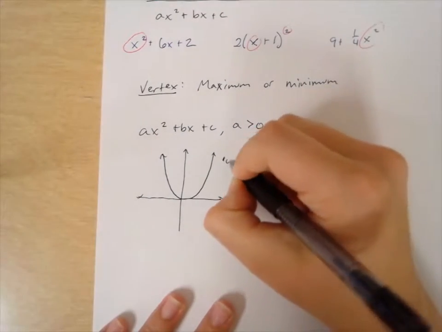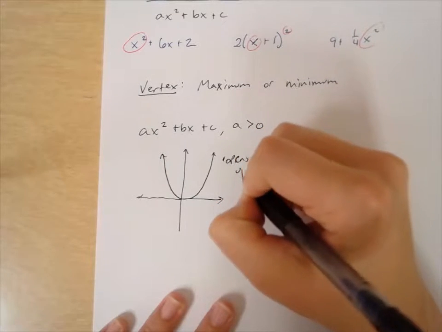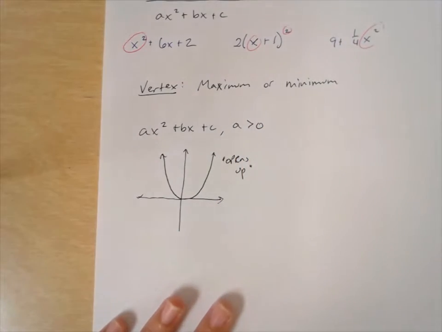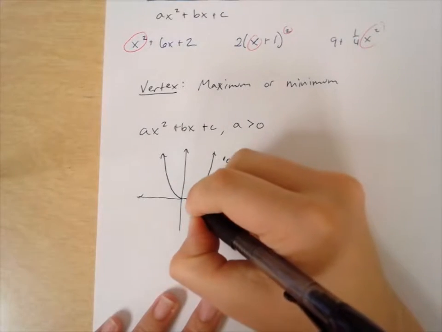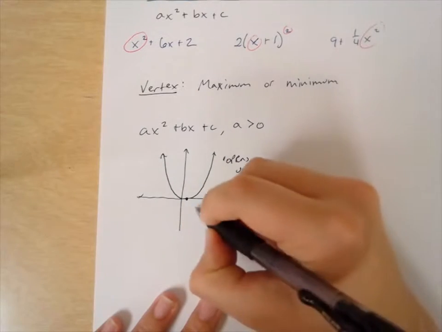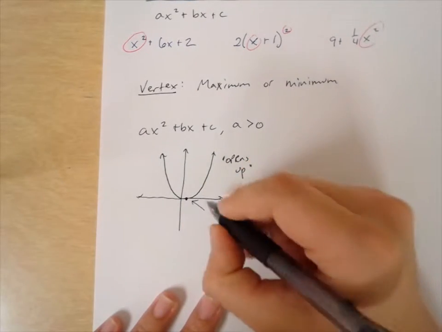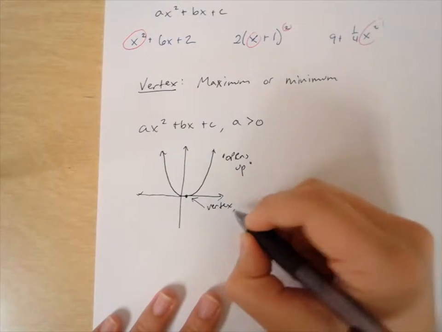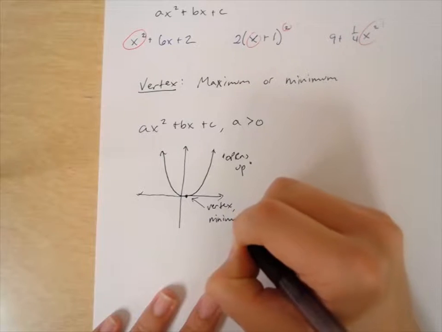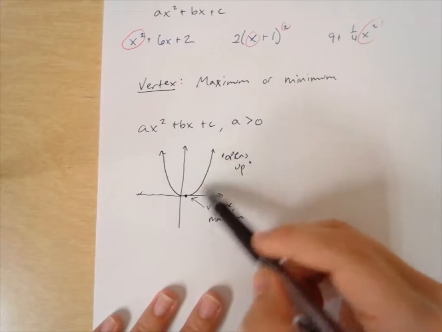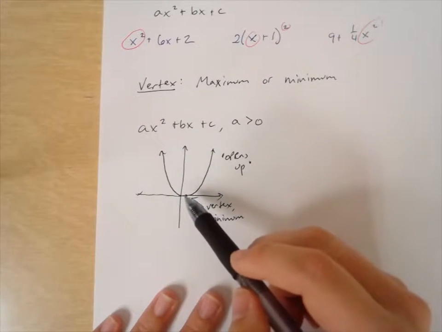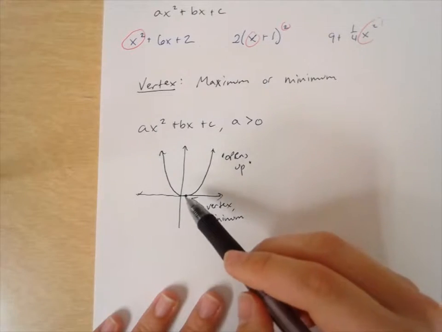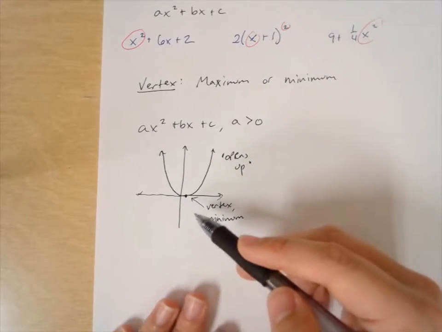Right down here is where we would have the vertex. We could also call that vertex a minimum in this case. It's a minimum because it's at the very bottom of the U shape, the lowest point, meaning minimum.